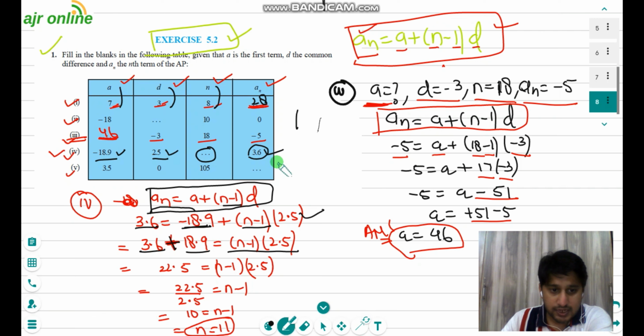Then 3.6 minus 18.9 comes out to minus 15.3.